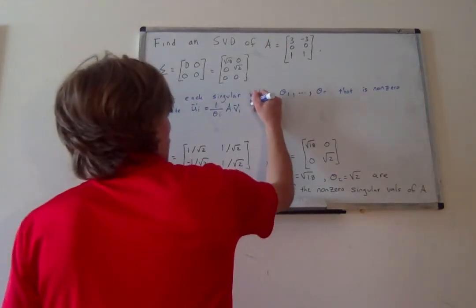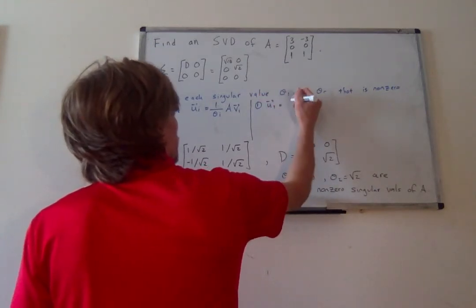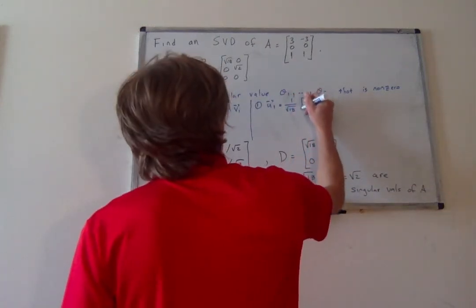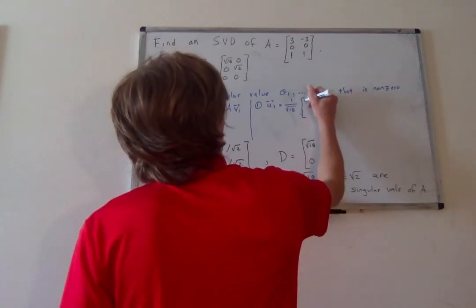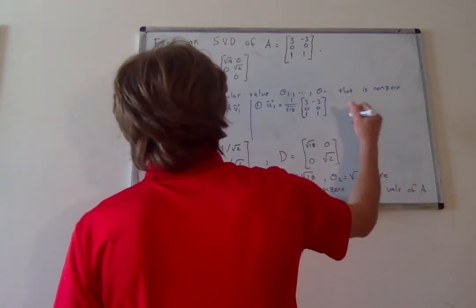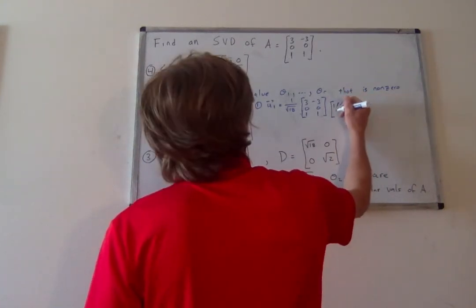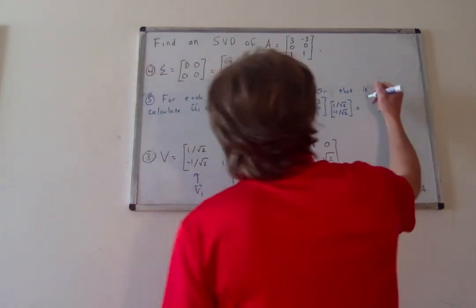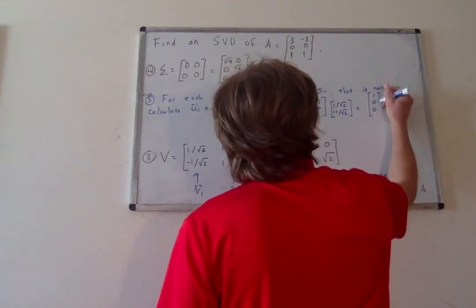So doing this, U sub 1 is equal to 1 over the square root of 18 times A, which is the matrix (3, -3; 0, 0; 1, 1), times the vector V1. Expanding this out, you should get the vector (1, 0, 0).